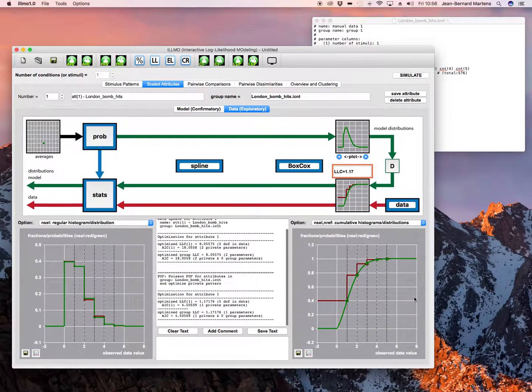When we do that, we already observe visually that there's a much closer approximation between the red observed histogram and the green theoretical distribution, which you can show both here with the regular distribution but also with the cumulative distribution.